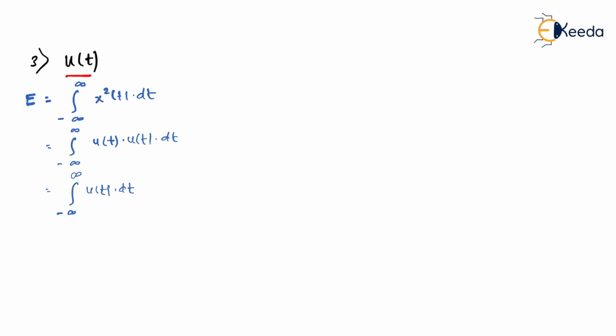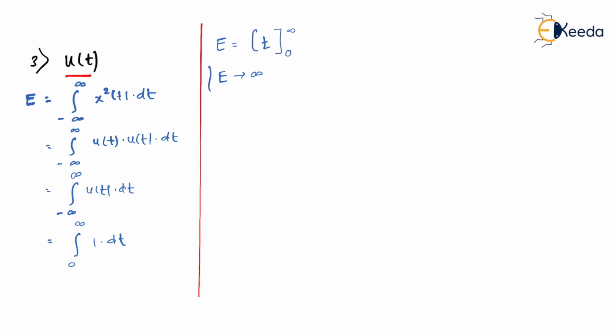But you know that u of t exists only from 0 to infinity. Therefore, the integration limit will change from 0 to infinity. But during 0 to infinity, the value of u of t is always 1. So I would say integral of 1 dt. So now energy equals t with lower limit 0, upper limit infinity.